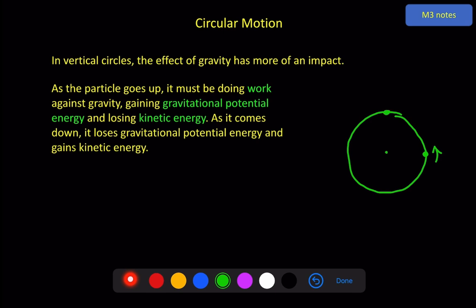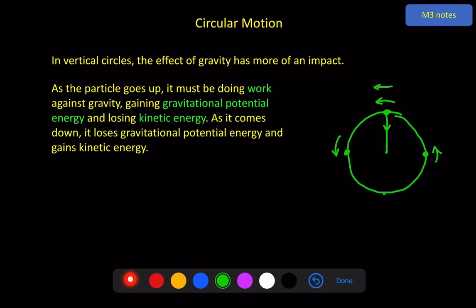At the top, the gravity is trying to pull it down, obviously, as it continues around like this. The downward gravity is not doing any work in this instant because it's perpendicular to the motion. Remember, the motion is tangential in that instant, and then as it comes down, of course, it is gaining kinetic energy and losing gravitational potential energy.